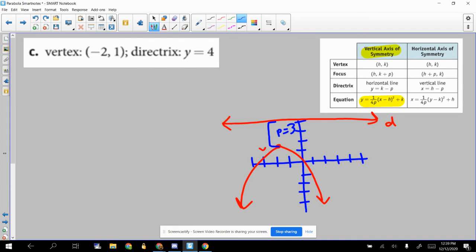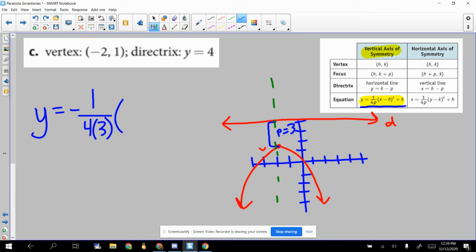Okay. So now again, we're going to plug in here because even though it opens downward, we know that it has a vertical axis of symmetry. The only thing that's different is obviously when it opens downward, we need that negative out front. So let's go ahead. We've got y equals -1 over 4p, which we're going to plug in our p is 3, times x minus h.